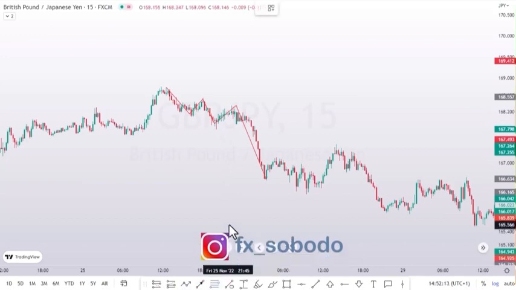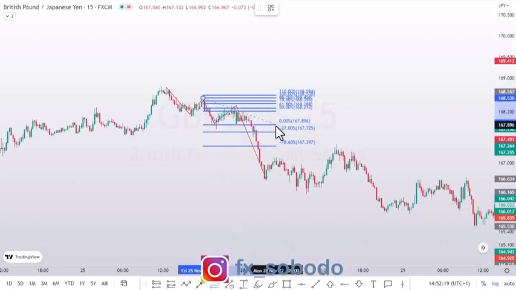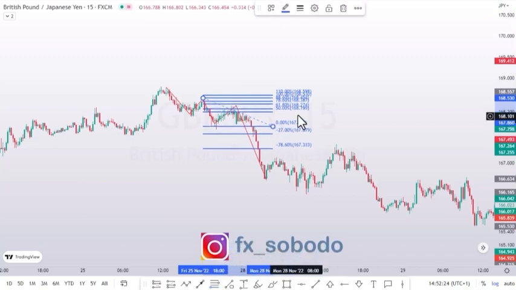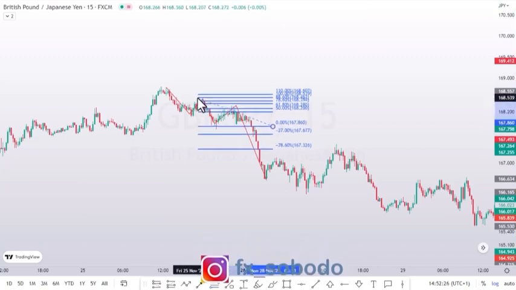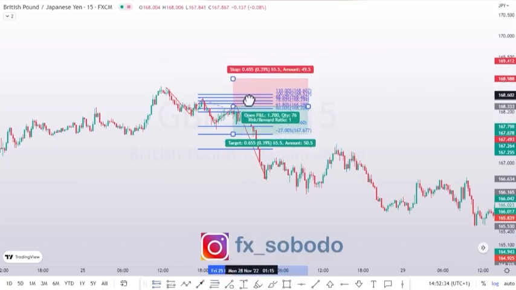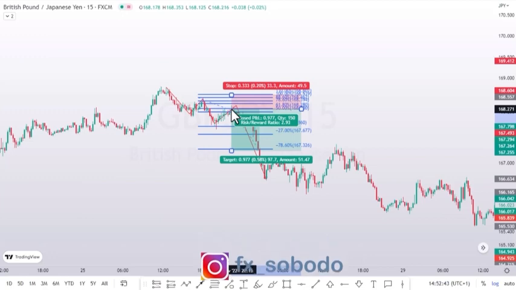We use our Fibonacci at this high to this low on the wicks. This is our stop loss level. We want to go short, put our stop loss first. Voila. Then let's say our entry at 61.